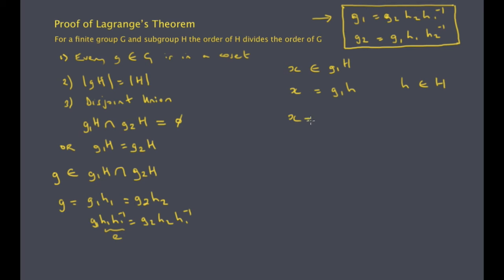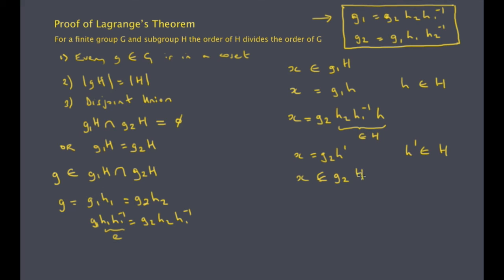So x equals g2 h2 h1 inverse h. Now all these h's are members of the subgroup H, and by closure of multiplication we can say that their product is in the subgroup H. So we have that x equals g2 h prime for some element of H, the subgroup, which means that x is in the g2 coset.